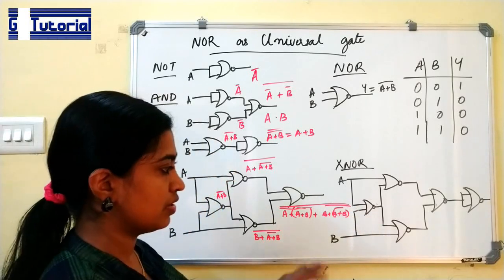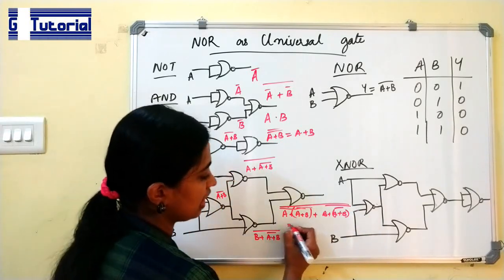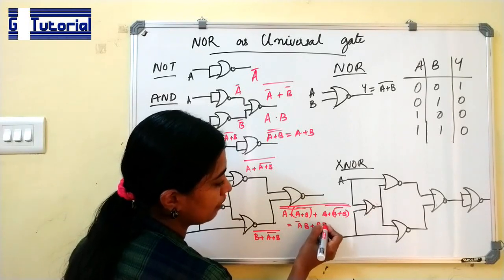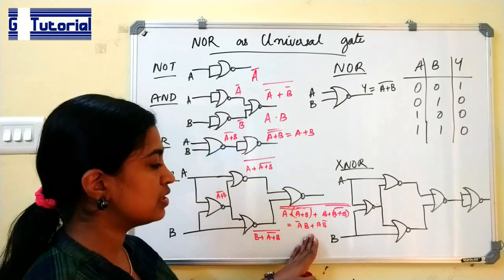Here, so there is a bar. On solving this, we will get the output as A bar B plus A B bar, which is the XOR gate.